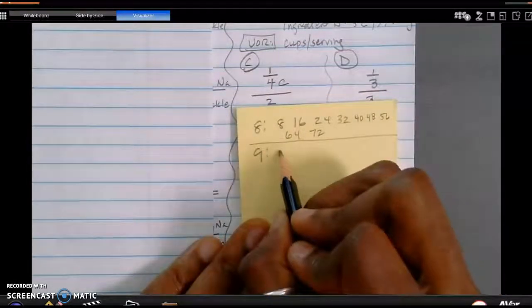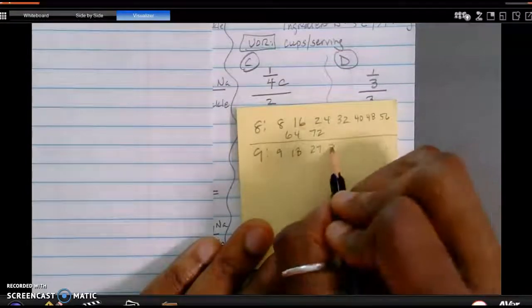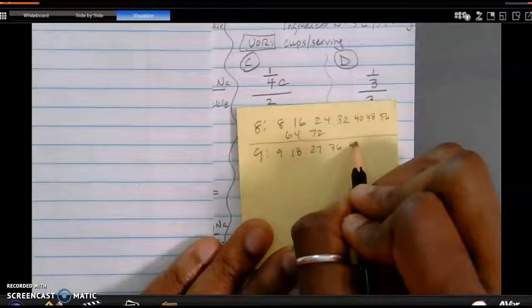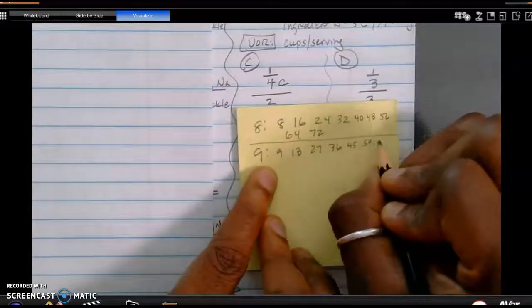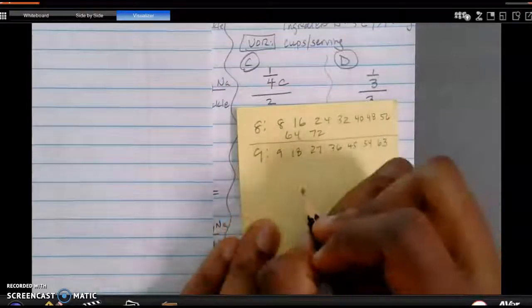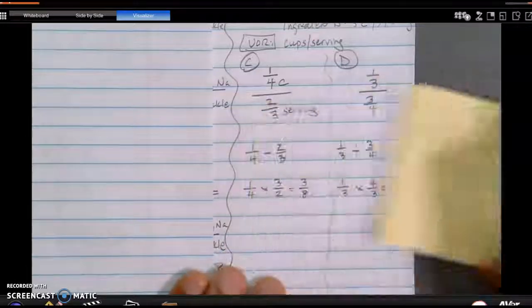Okay, 9 times 1, 9, 18, 27, 36, 45, 9 times 6, 54, 9 times 7, 63, 9 times 8, 72. So the least common multiple is 72.